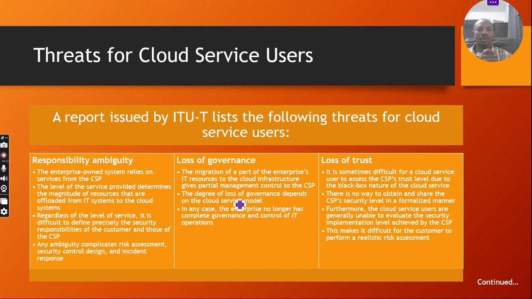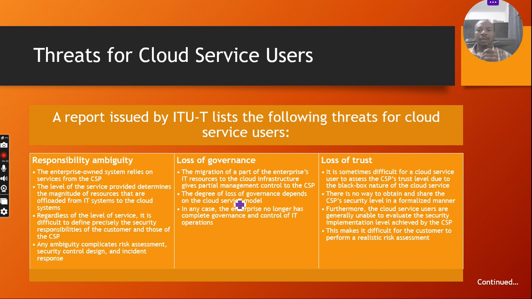Okay, so there may be loss of governance. You may not be totally in charge because other people are the ones providing the cloud computing for you or hosting your data in the cloud for you.